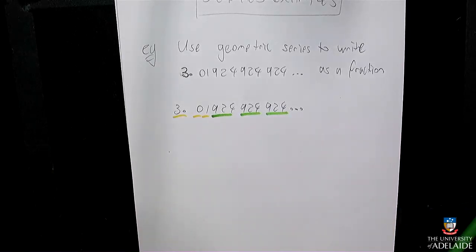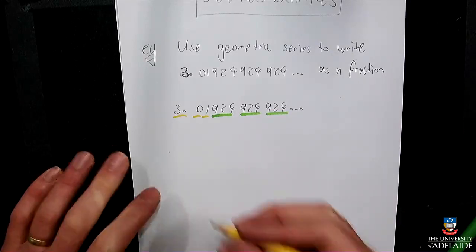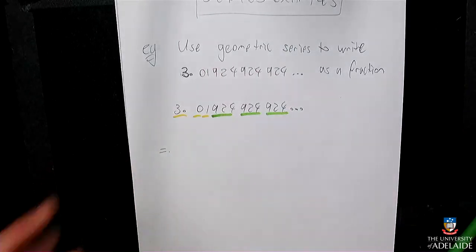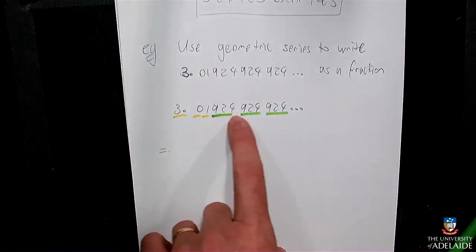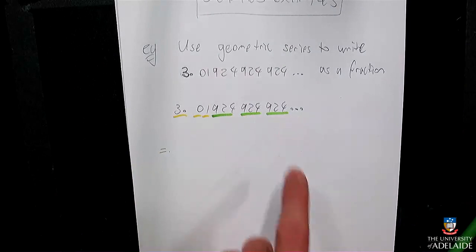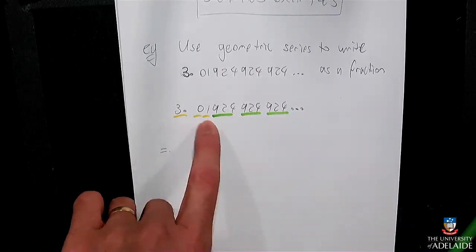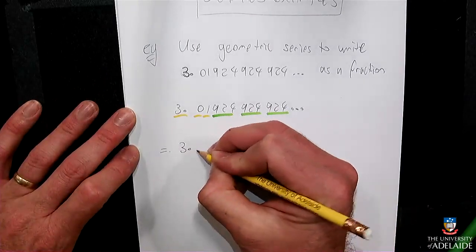That's the beginning before it starts repeating. And so what I'm going to do is use scientific notation to help me write this number. I'm going to focus very carefully on these 924s. So I'm just going to leave the 3.01 here.